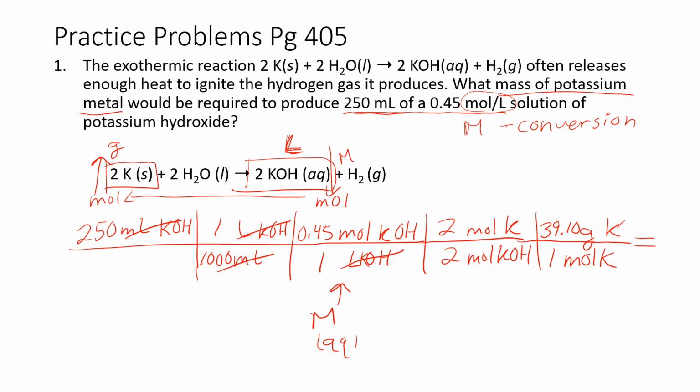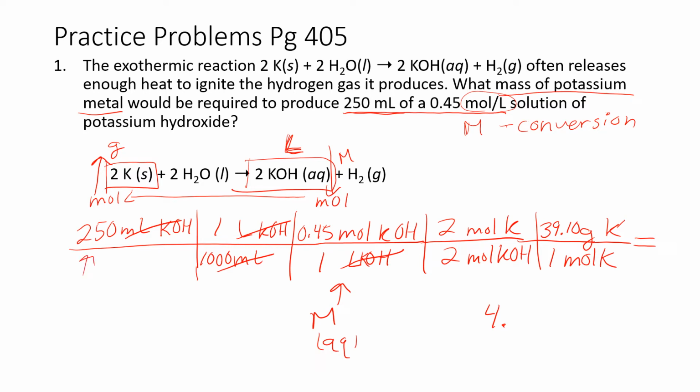So we've got 250 times 0.45. I'm going to go ahead and put the 2 in there, times 2 times 39.10, divided by 1,000, divided by 2, because those are both on the bottom of our equation. So we end up with 4 point, and I'm going to check my sig figs.